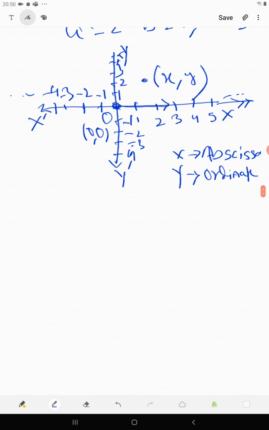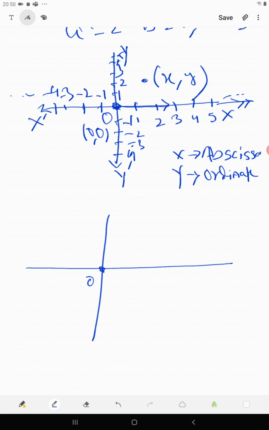Now, how can you represent any point? Suppose I have a point called (5, 3). How will you represent it? If you draw this, this is our origin. I want the point 5 comma 3 where x is 5 and y is 3. So we always first move in the x direction.